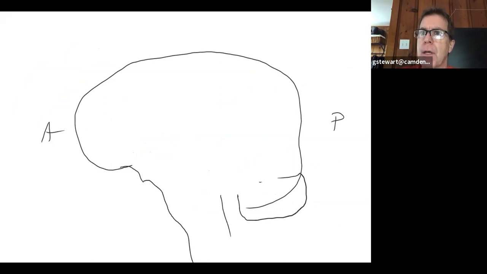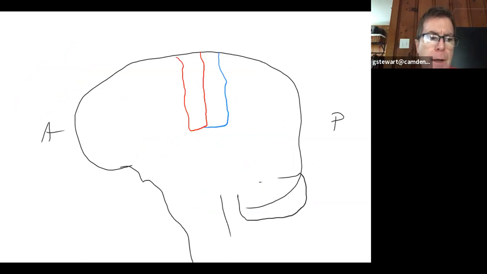Really quickly, just to reiterate, primary motor cortex, primary somatosensory cortex, and then those association areas. For example, the premotor cortex, sorry, I wanted red there, tends to run this way. In your book, they start coloring it a lighter red. And then the somatosensory association cortex is the area, the space is this way.